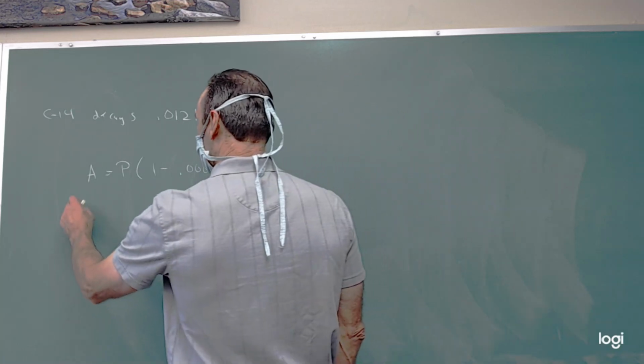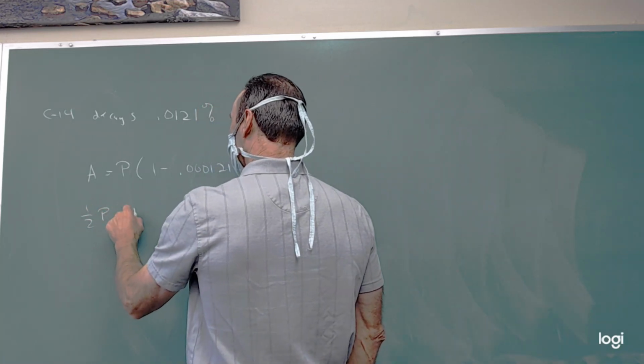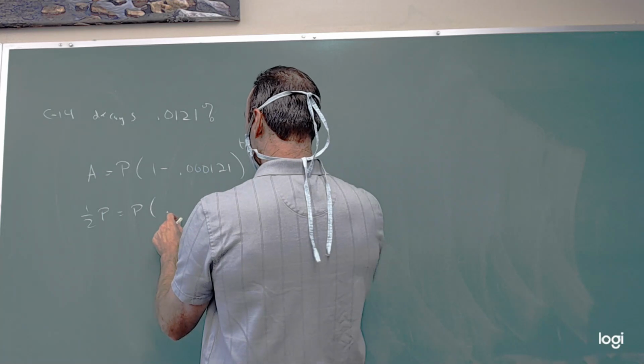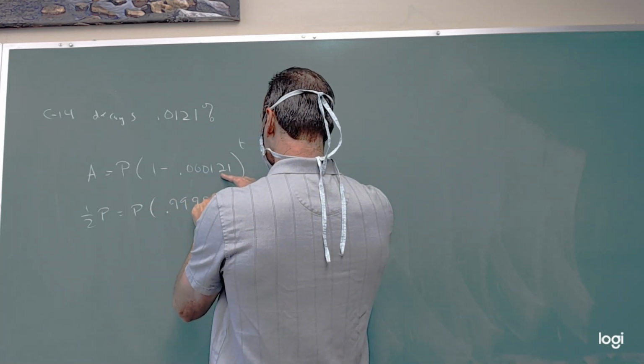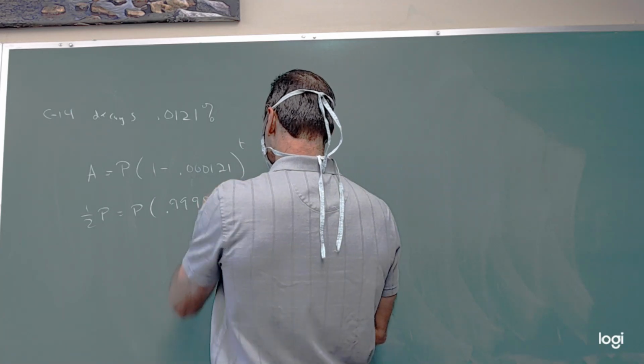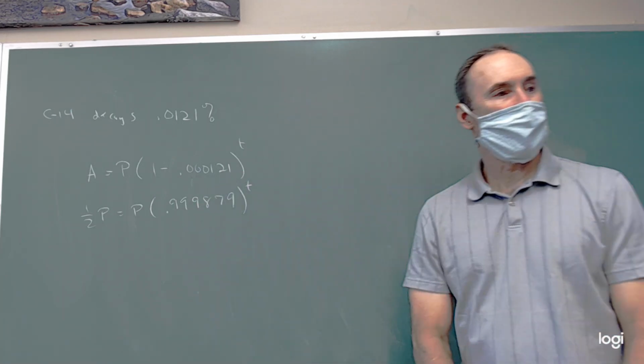Okay, so we're gonna say half P is P times 0.99987 to the T. Does that make sense?